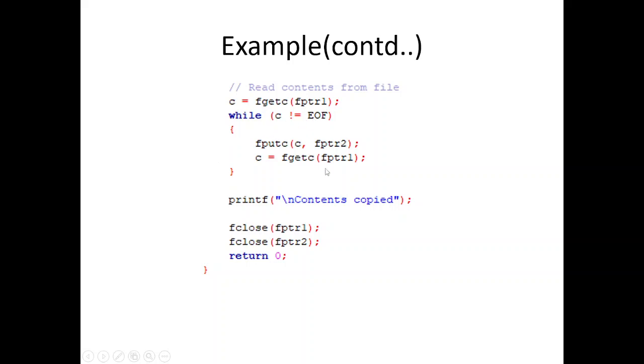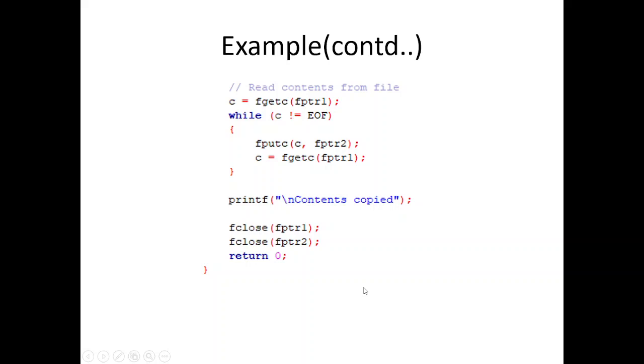So this loop will iterate till the end of file is reached. Once the end of file is reached, this loop will terminate and for our information it will just print contents copied. A good programmer's practice is to close the files appropriately. So here we are going to close the first file pointer and here we are going to close the second file pointer, right? So this is the program.